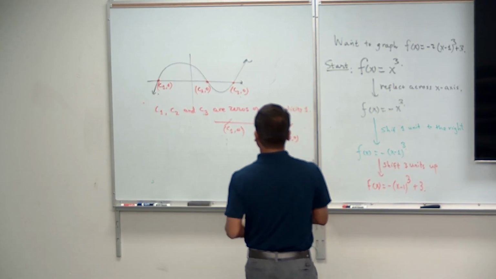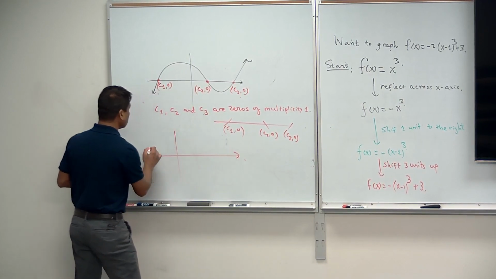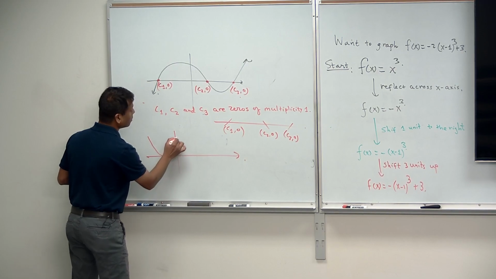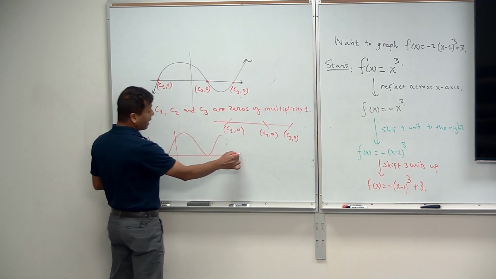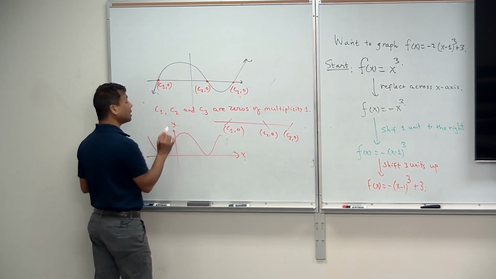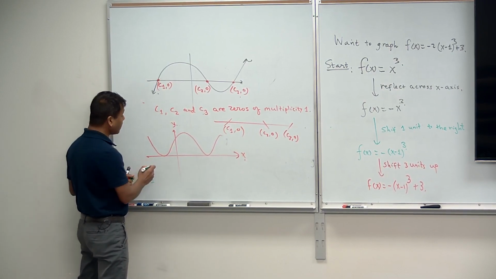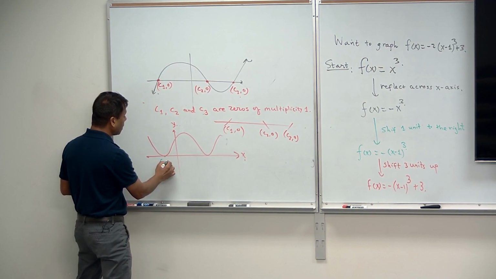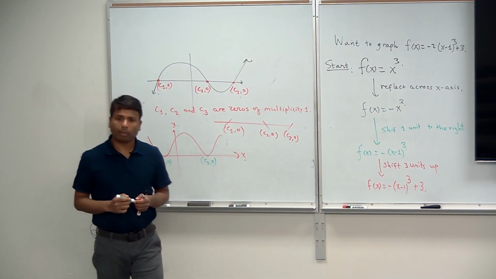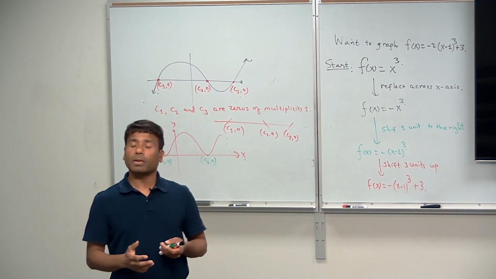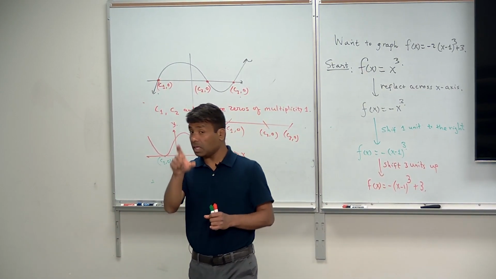Did you get it? So it's something like this. Let's say you have a graph, something like this. This is your x-axis. This is your y-axis. Now you see the graph simply touches the x-axis at what? (C1, 0) and (C2, 0). Make sense? So at that time, C1 and C2 are zeros of even multiplicity.